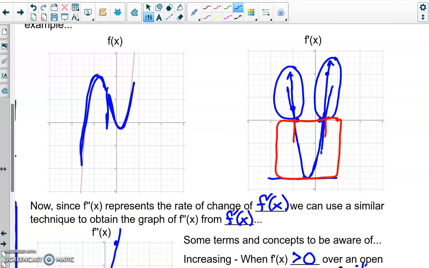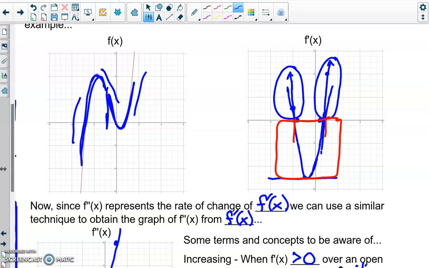So that's basically the main relationships I want you to understand. With f prime, wherever it's below the x-axis, your original graph was decreasing, going down. Wherever it was above the x-axis, your original graph was going up.